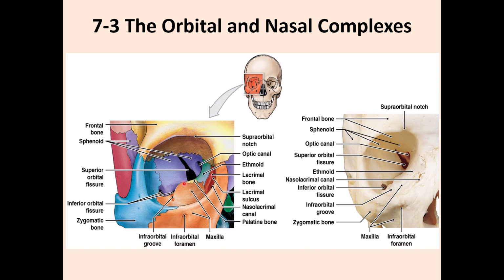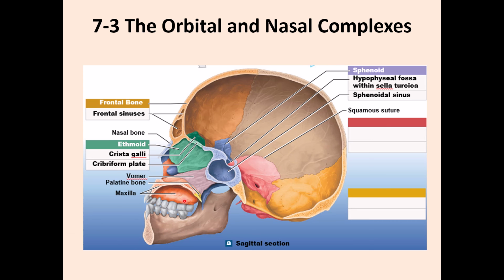A very small part of the orbital cavity is the palatine bone. You can compare these structures in this one, which is an actual bone. This is just a colored image of that bone, so it's not real life. You do not have a colorful skull.